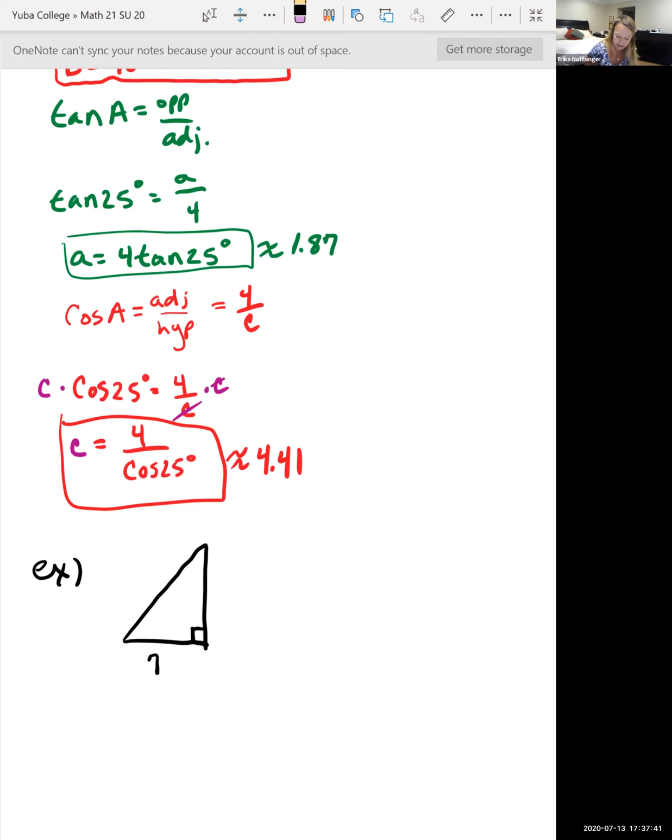Side B is 4, and we're not even given the hypotenuse. Okay, that's fine. So let's find side C, angle A, and angle B.